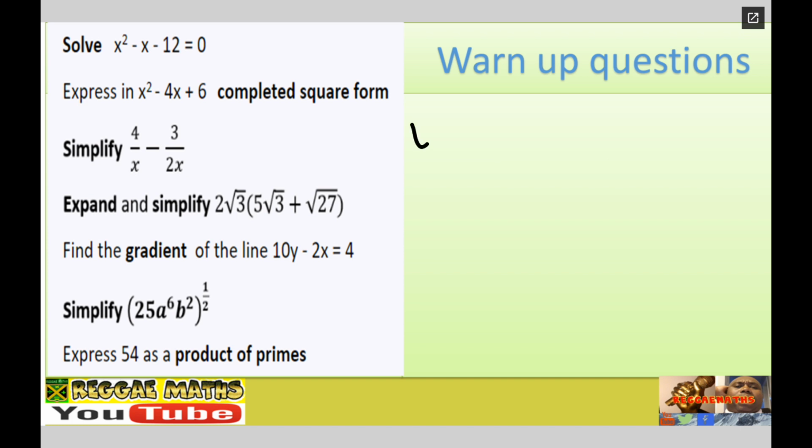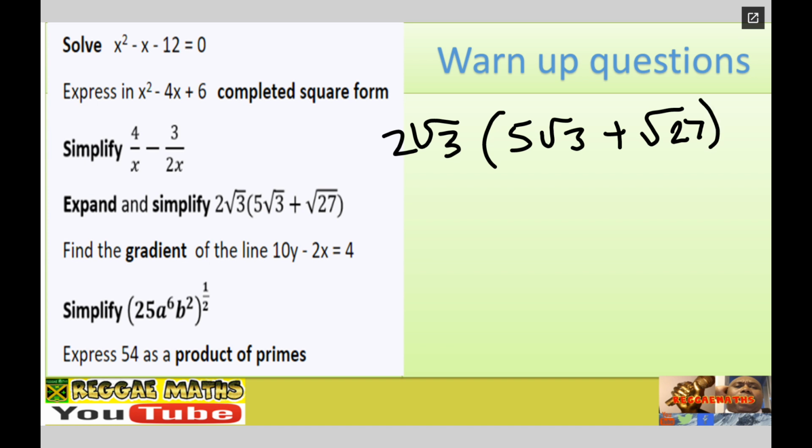Next set of questions, we have root 2 root 3 times 5 root 3 plus root 27. If I look at root 27, I can see that I can break it down.